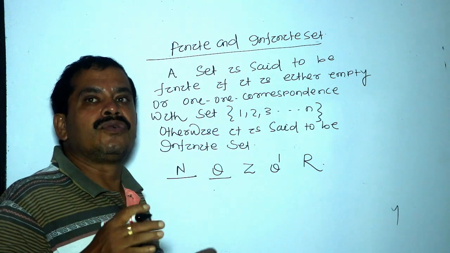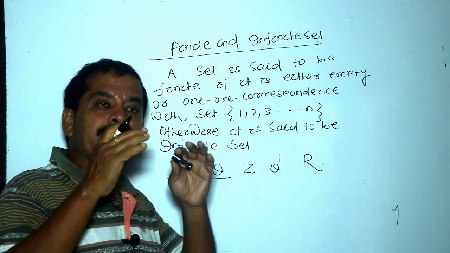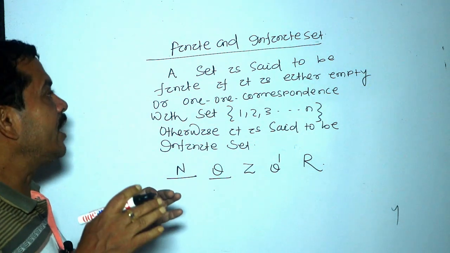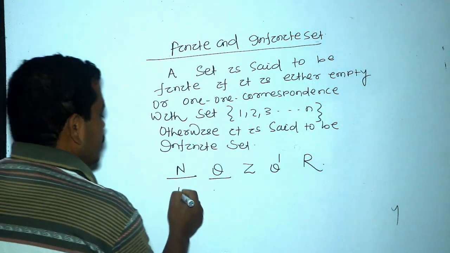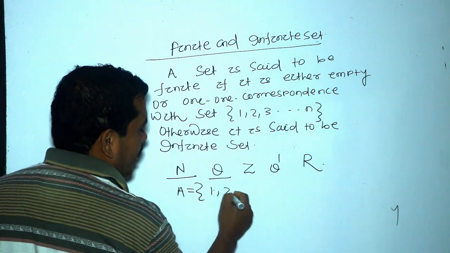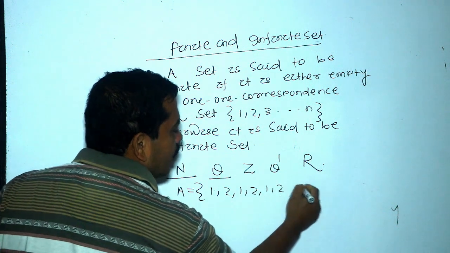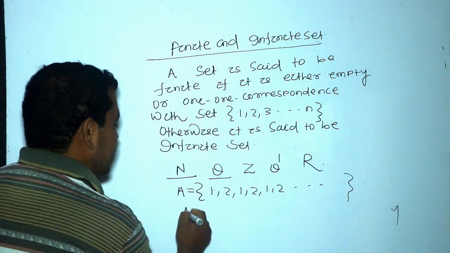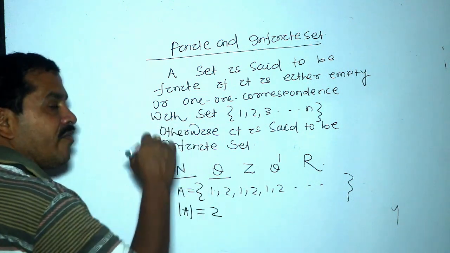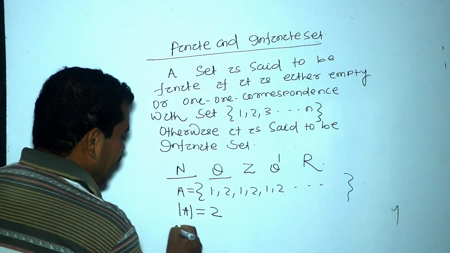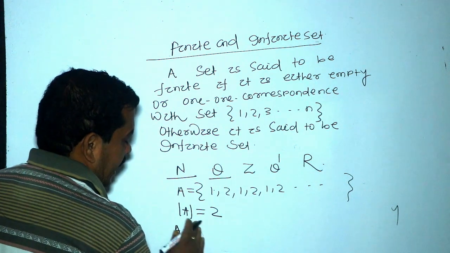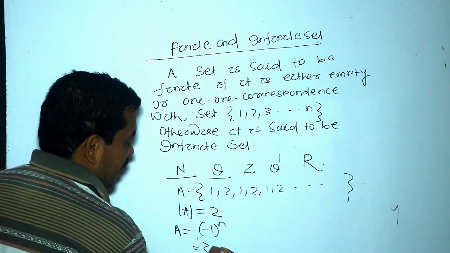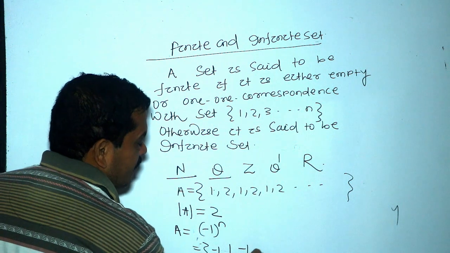So a set whose cardinality is a finite number is a finite set, otherwise it is said to be an infinite set. Suppose set A contains elements 1, 2, 1, 2, 1, 2 and so on. This is not an infinite set because its cardinality is 2, so it is a finite set. If we take (-1) to the power n, then it will be -1, 1, -1, 1.